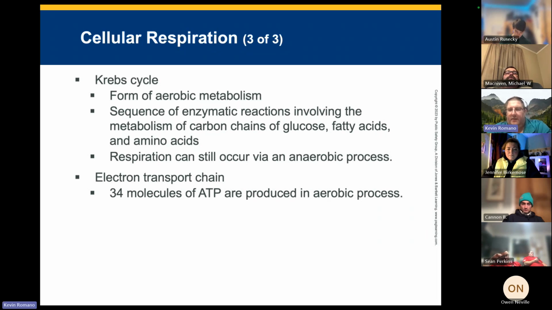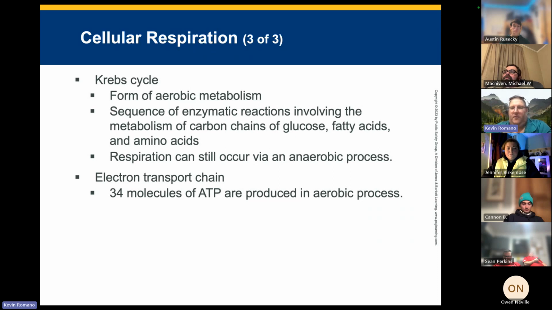The end result is 38 molecules of ATP, right? So electron transport chain has 34 molecules, and we talked about earlier, and bring it back here a little bit. There's 4 additional ones that are broken down and made through the Krebs cycle after glycolysis.